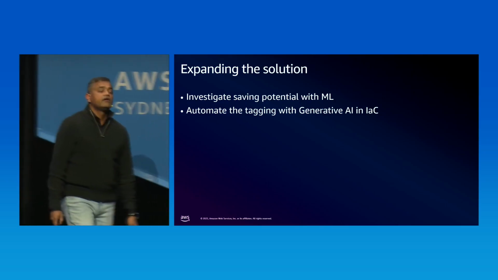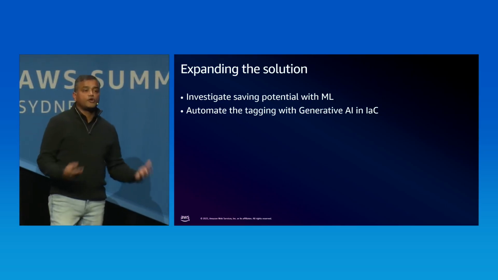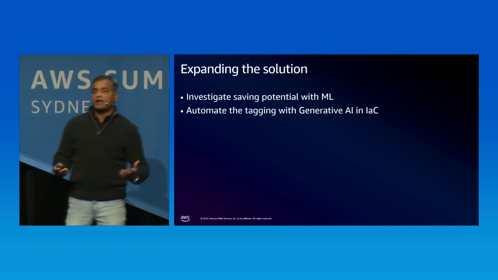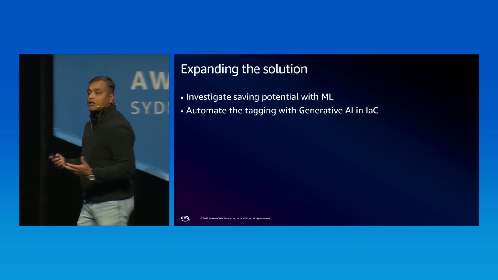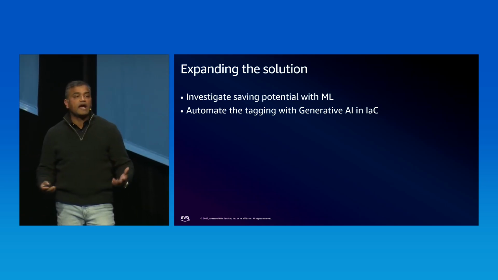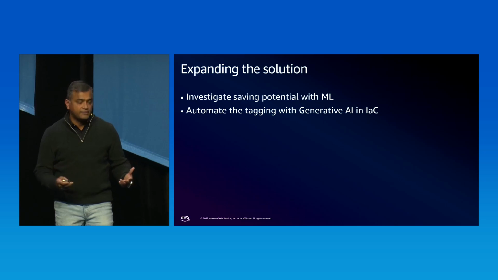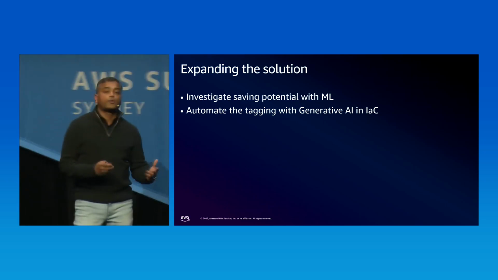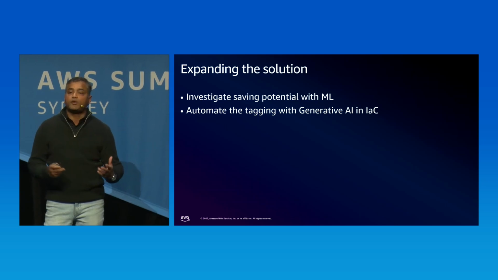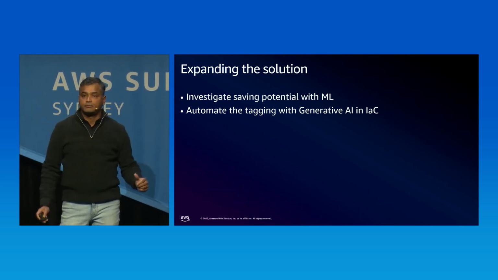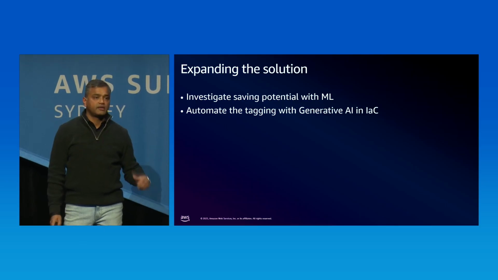Looking ahead, we plan to improve this solution. We want to leverage ML and AI to make it more dynamic and smarter, to drive long-term results. We also want to automate the complete process from tag creation to tag implementation to make our operations simpler and scalable.